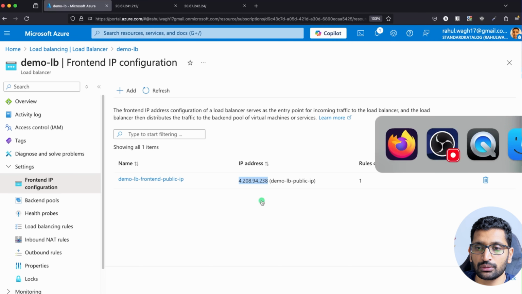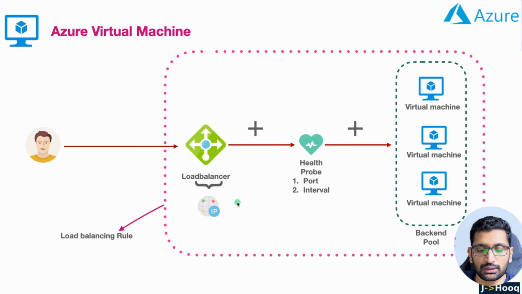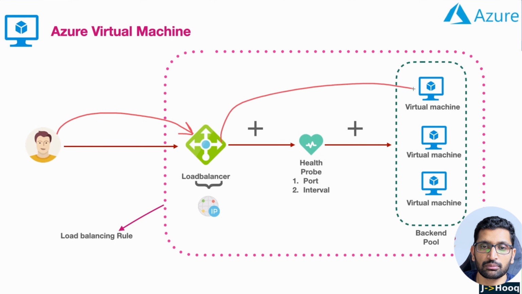So if you take a look at this particular diagram, then here I will just try to access the public IP of this load balancer, and this will automatically direct my request to this virtual machine as well as this particular virtual machine, which is ending with 4 and which is ending with 5. And I will only access a single IP address over here for this particular load balancer. So this is how it should work.